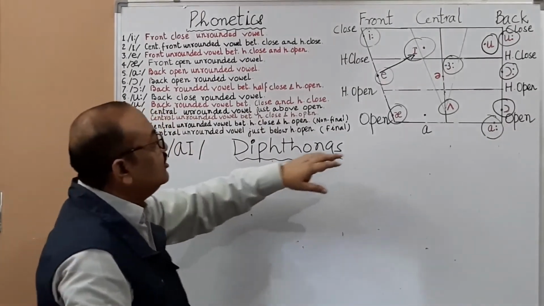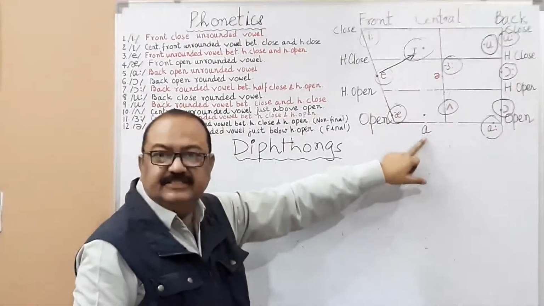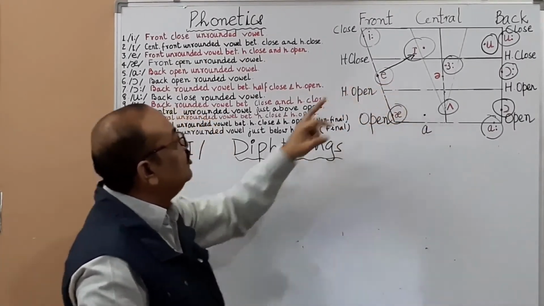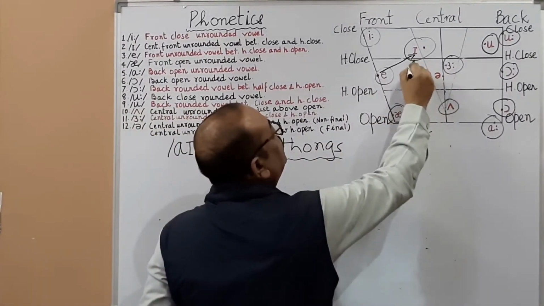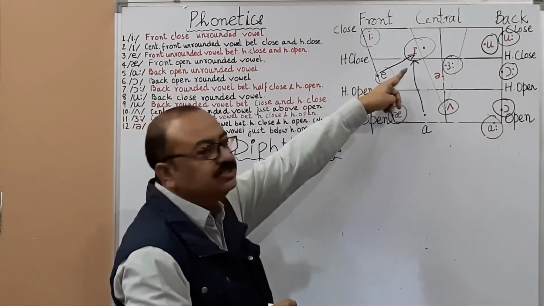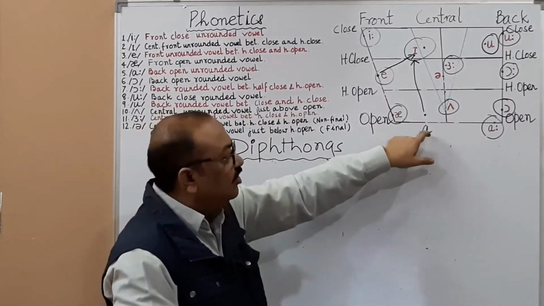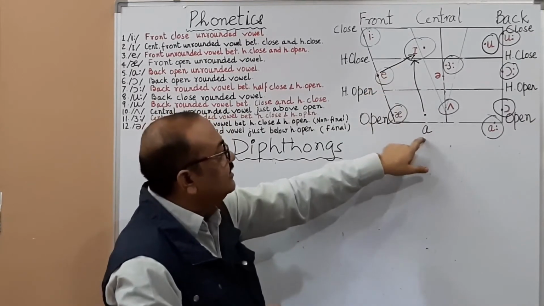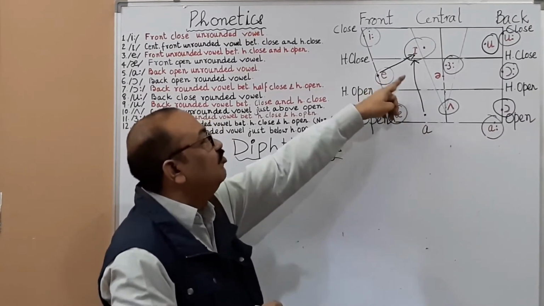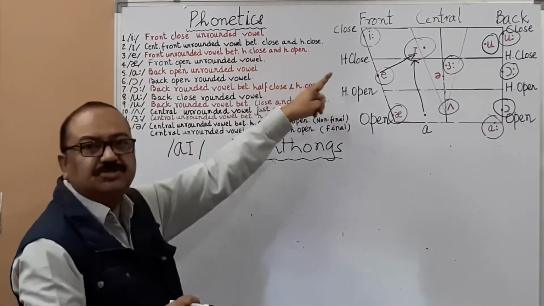This is a glide from the front, open, unrounded vowel to the centralized front unrounded vowel between close and half close.